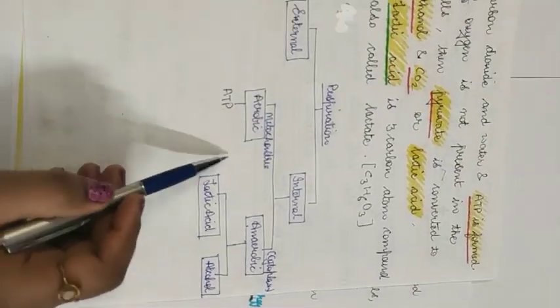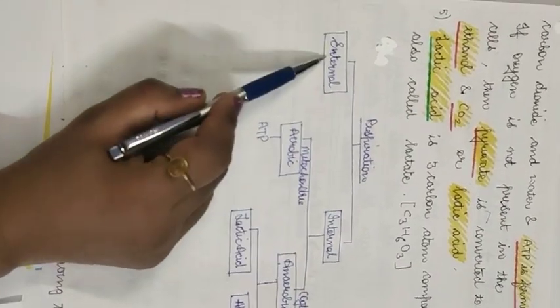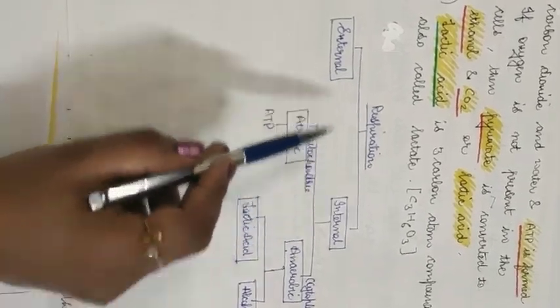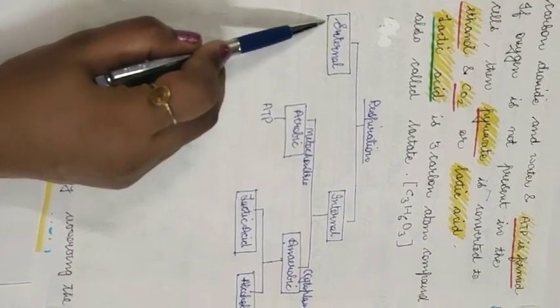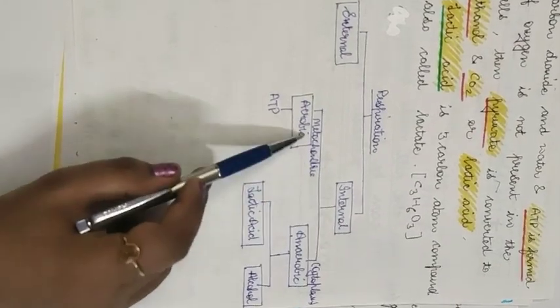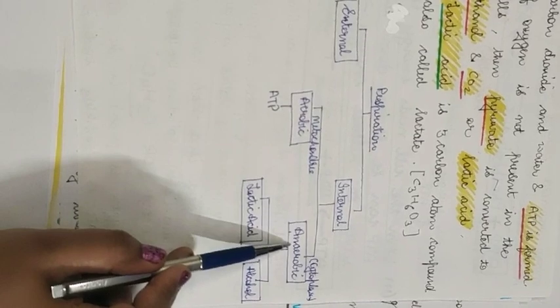Here's a little flow chart for you to understand that respiration can be of two types: external and internal. External is simple breathing, that means taking in oxygen and exhaling CO2. And internal is again of two types, that is aerobic respiration and anaerobic respiration.